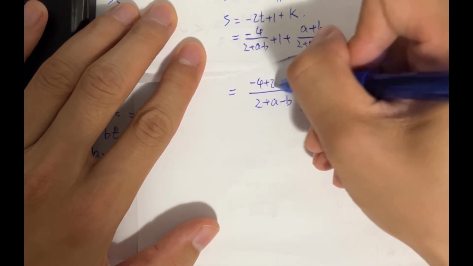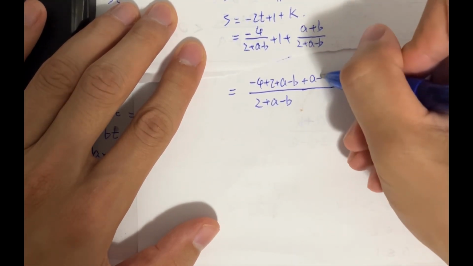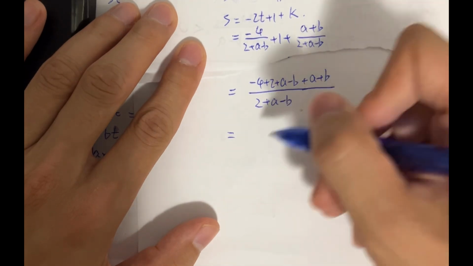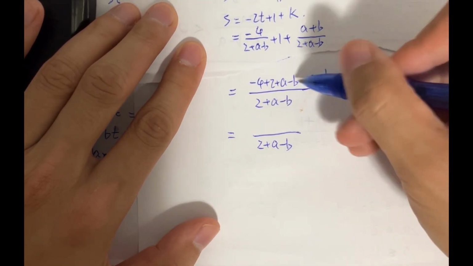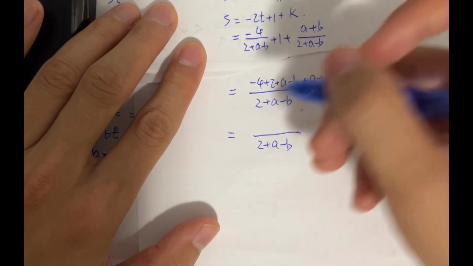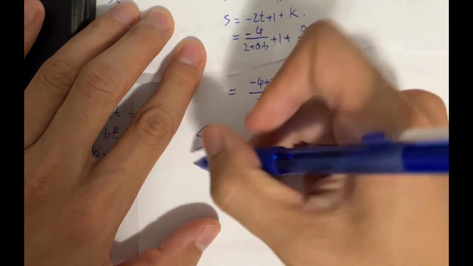Negative 4 over 2 plus a minus b. This is one part. Okay, and then copy. Here it is. And this is a 2 over a minus b. B and b are gone. So we've got 2a minus 2. 2a minus 2. That is it. That is s. Okay, let's keep it here.